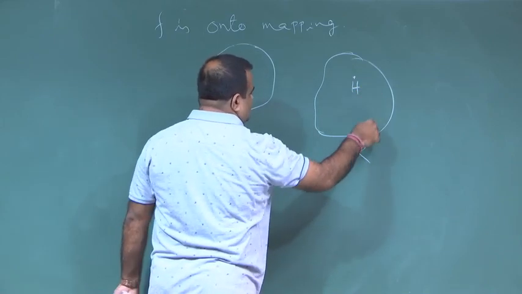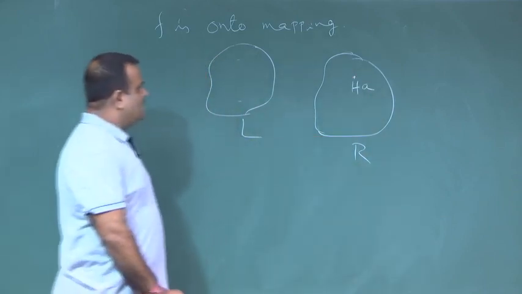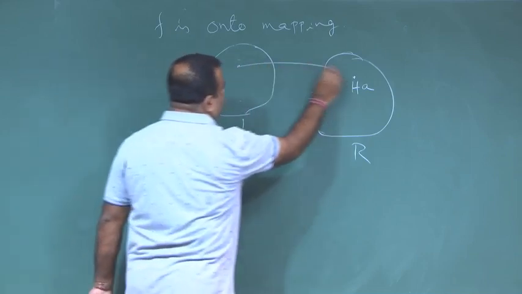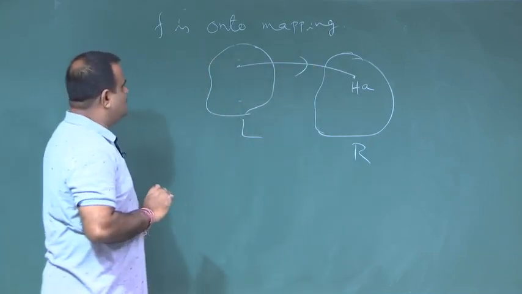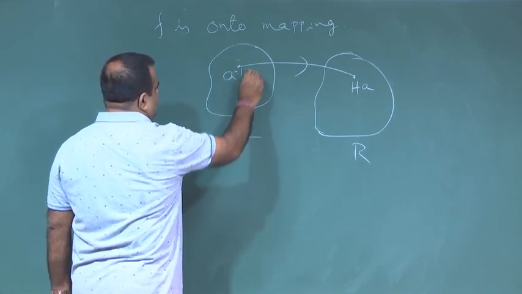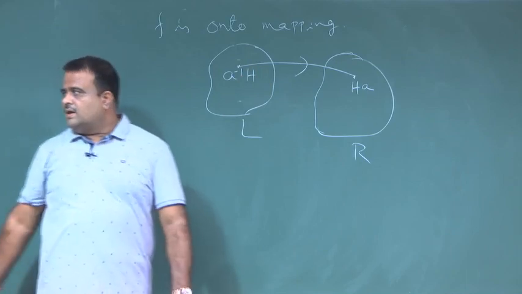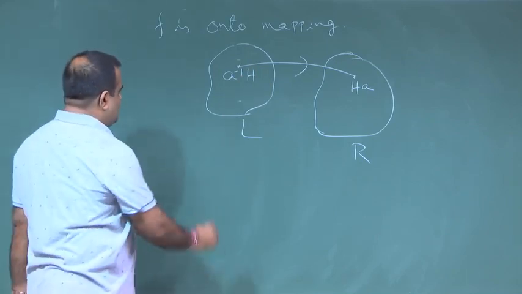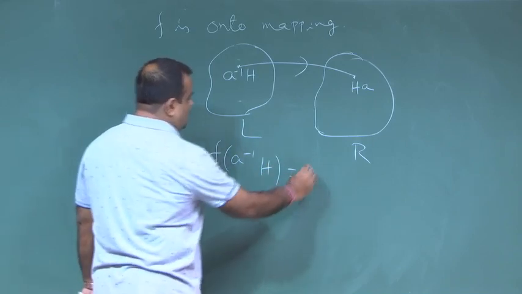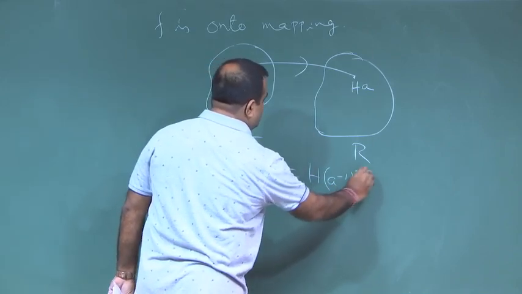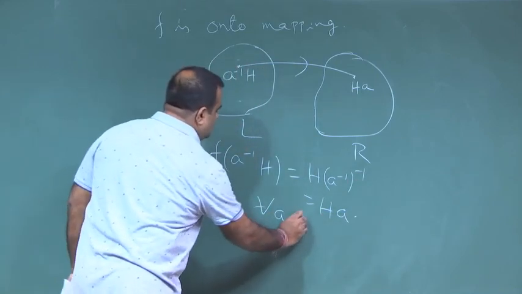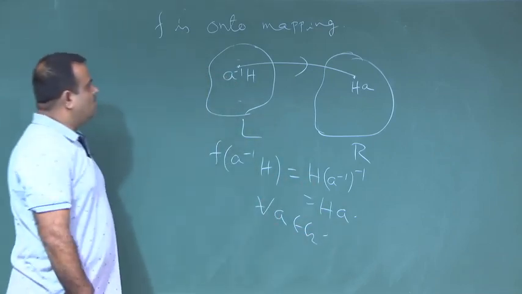say the right coset H of A. Now, onto means there must be an element over here such that it is mapping to this element, then only we can say this is onto. So, we know there is an element A inverse H such that f of A inverse H is nothing but H of A, and this is true for all A. So, this is the onto.